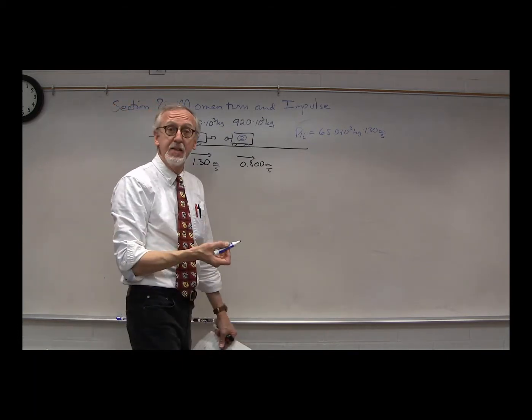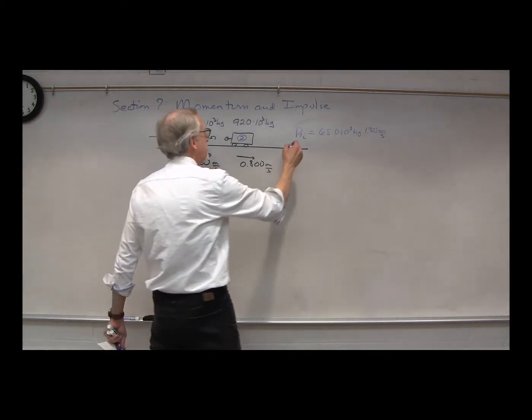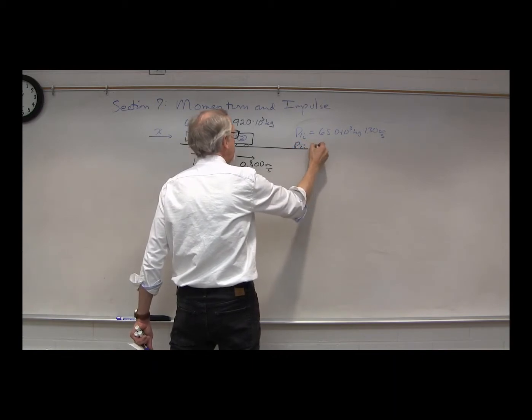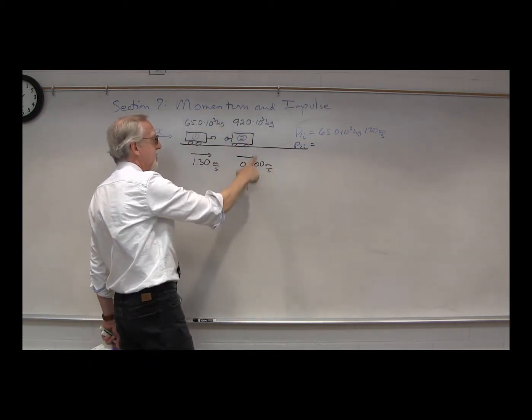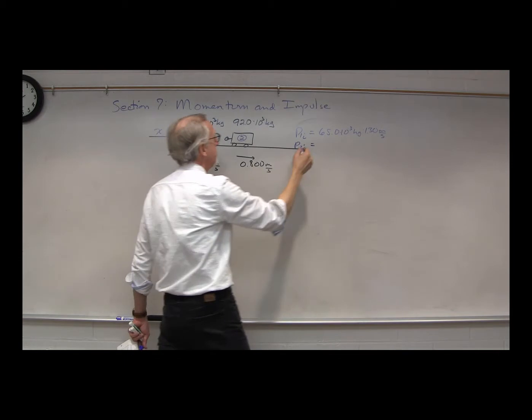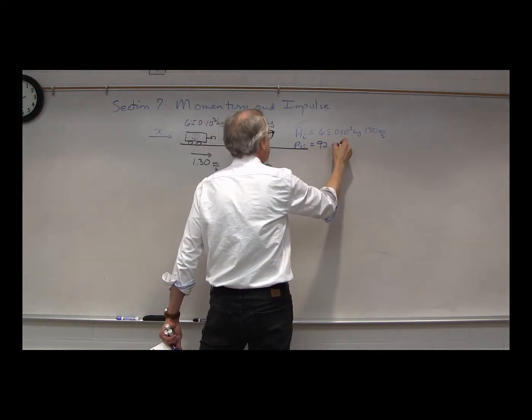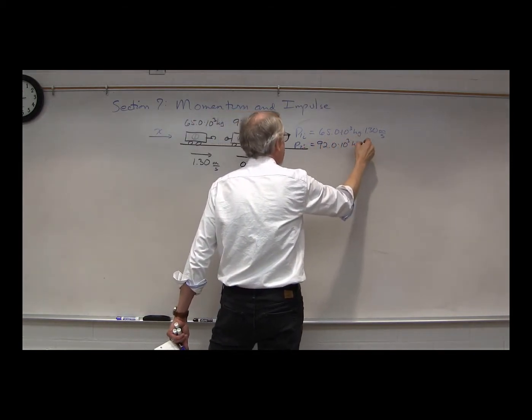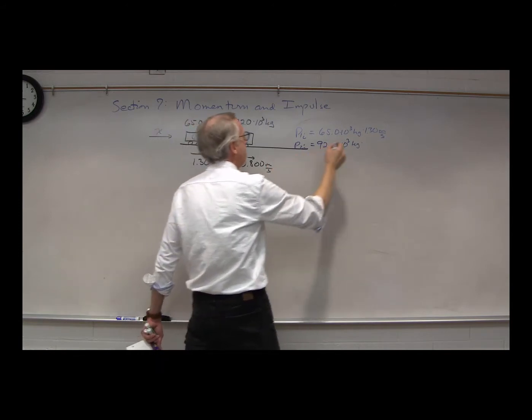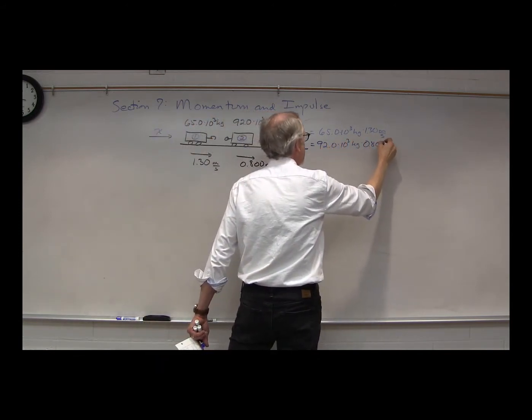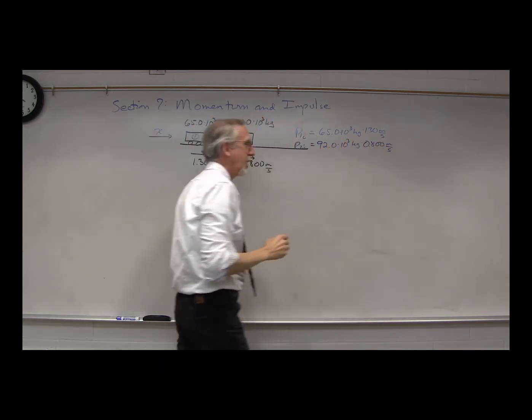And then what is the initial momentum of our second object, P2 initial? That's going to be its mass times the velocity. So that is 92.0 times 10 to the 3 kilograms times 0.800 meters per second.